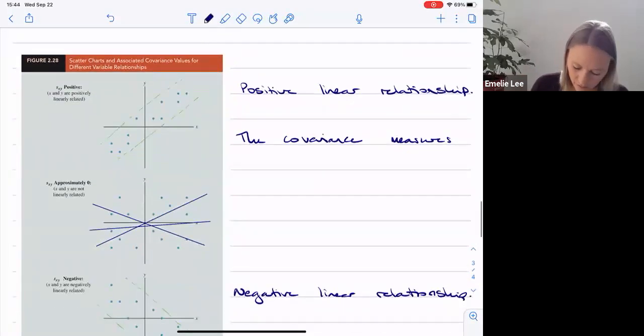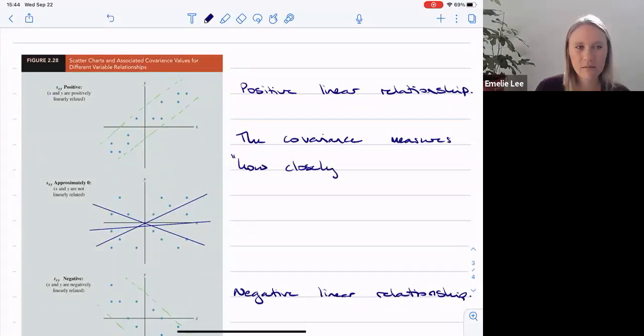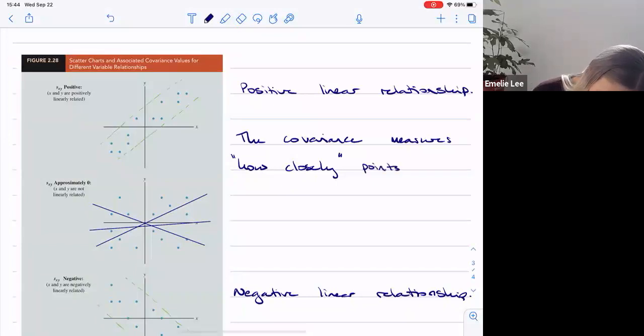The covariance measures how closely the points follow a certain linear path. How closely points follow a linear path.